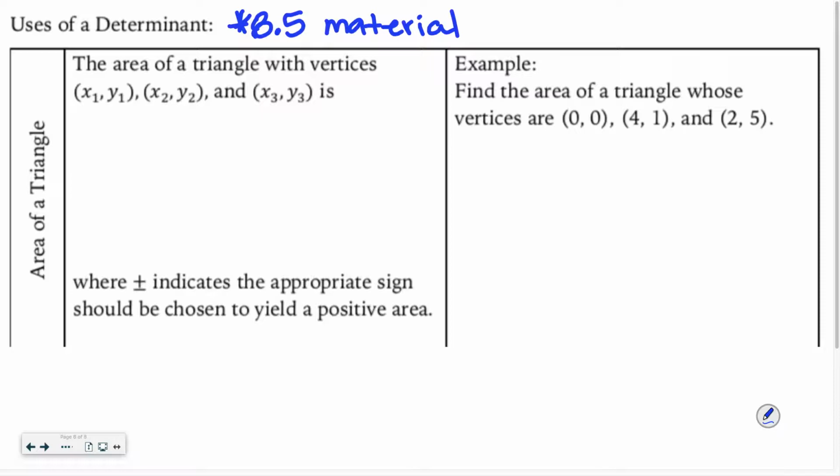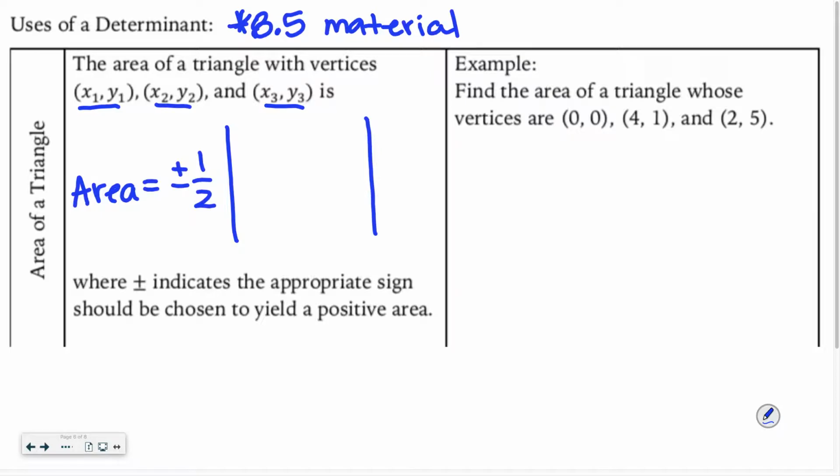Okay? So we have this formula using matrices to where if we have 3 coordinates on our xy plane, we can actually calculate the area by taking plus or minus 1/2 times the determinant of the matrix made up of coordinate xy and then a 1 in the 3rd column.